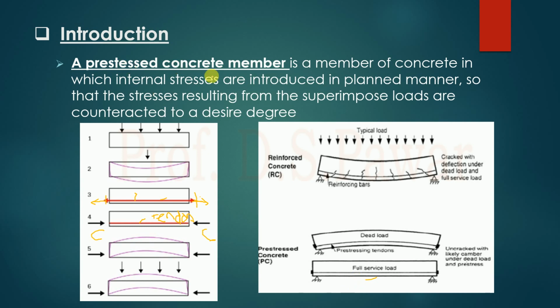So in a pre-stressed concrete member, you require only tendons in the form of steel wires, otherwise no extra steel is required in the beam. Only concrete and the tendon will give the required strength of the member. Remember this thing.